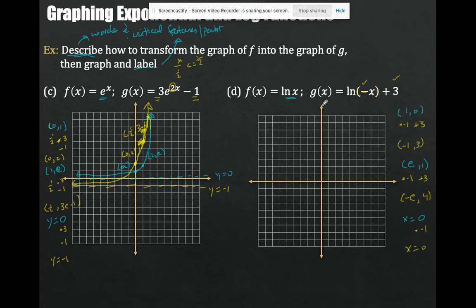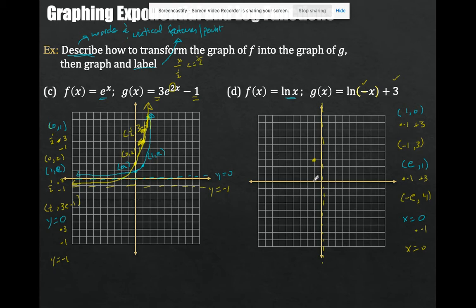0 times -1 is 0. Multiplying my domain by a negative, you should expect what to happen? Yeah. Flip across the y, right? Negative 2.7-ish, 4.